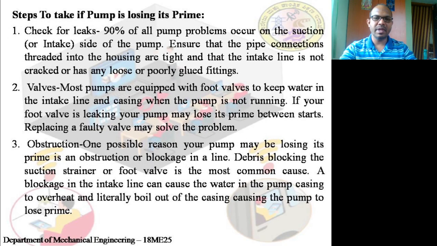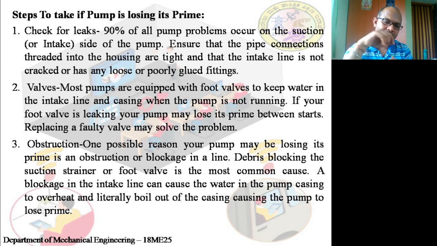Steps to take if the pump is losing its prime. Check for leaks. 90% of all pump problems occur on the suction or intake side of the pump itself. So ensure that the pipe connections threaded into the housing are tight and that the intake line is not cracked or has any loose or poorly glued fittings, because pipe water fittings we always glue with some gum and then fit, right.